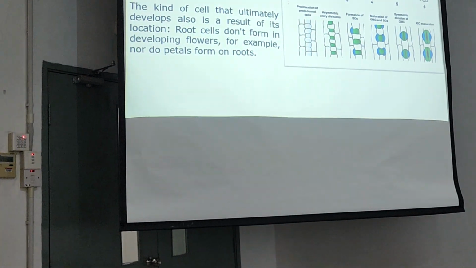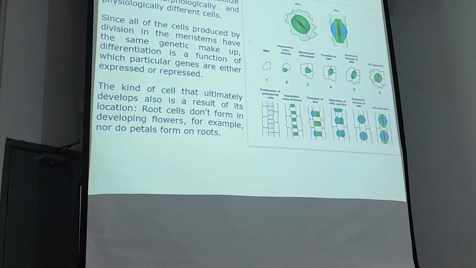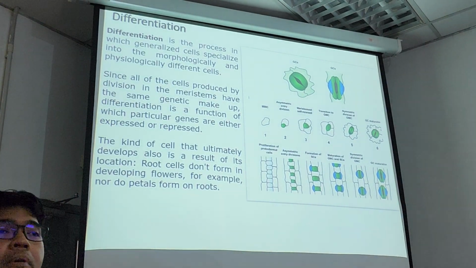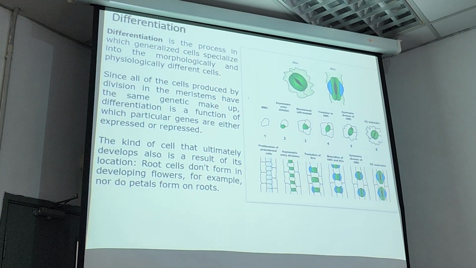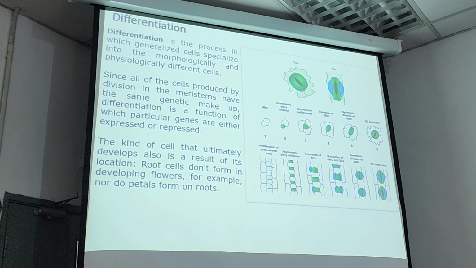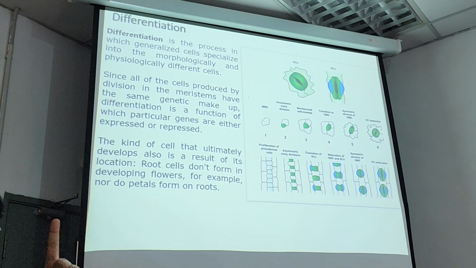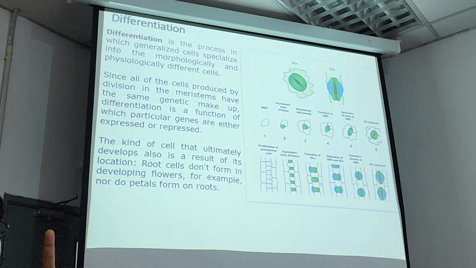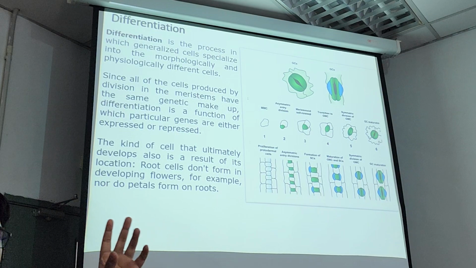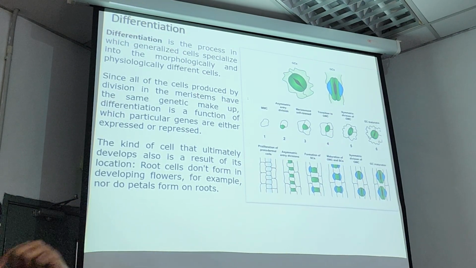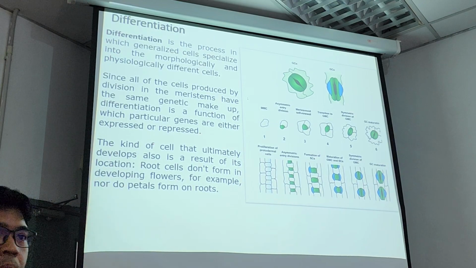And finally, differentiation, pembezaan cells. There are a number of examples, but I choose stomata because we talked about stomata earlier. Differentiation starts with one single cell, but these cells, not only do they divide to become a new cell, they're not becoming themselves, they're becoming something else.